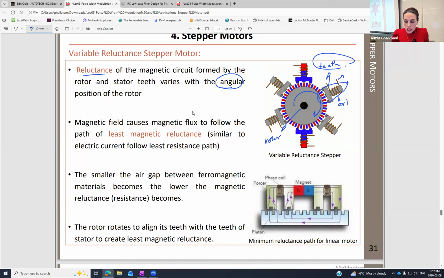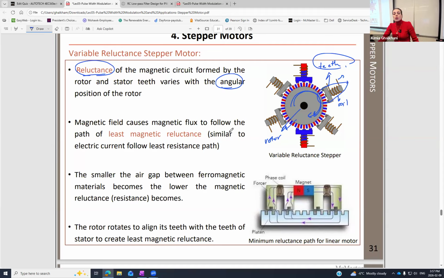So now looking at that one, we can say the principle of reluctance is dependent on the multiple locations of the rotor, because when it is moving in this direction, it is happening in multiple locations, and based on those locations, it is going to generate some reluctance.